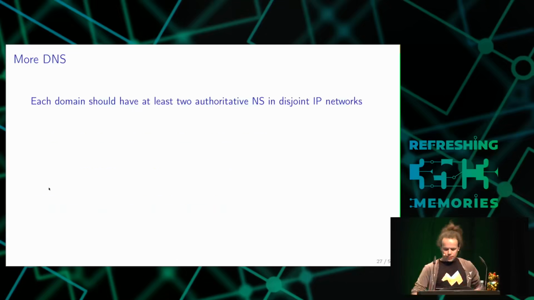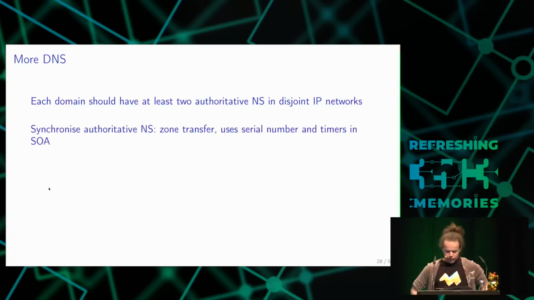What more about DNS? Well, first of all, if you want to register a second level domain, you are forced to run at least two authoritative DNS servers, which are in disjoint IP networks, in order to have some fault tolerance, because one IP network may be offline or the routing may be broken at any given time. And in order to resolve your host name, you need to have another one, so that clients will always be able to resolve that.